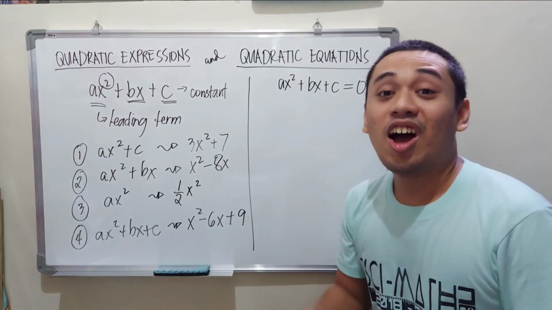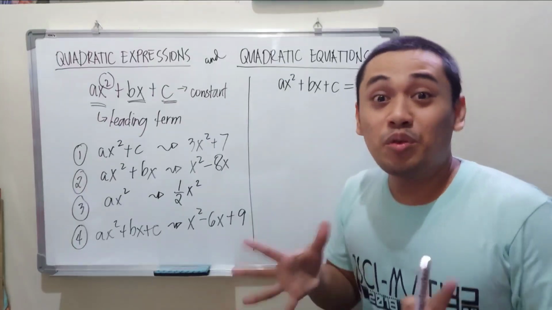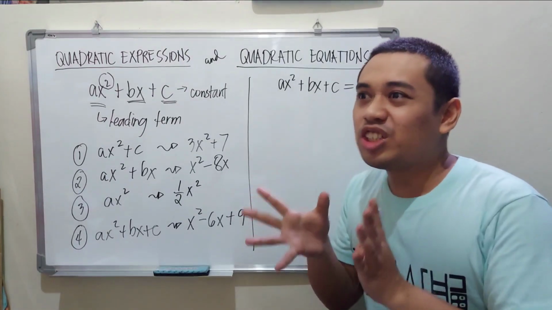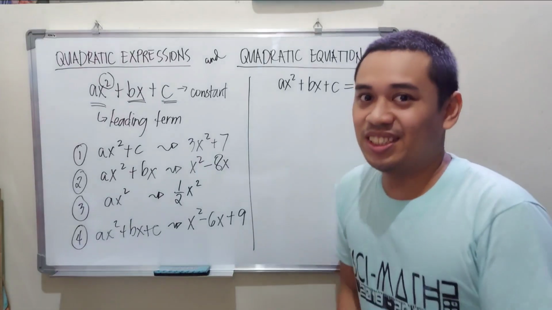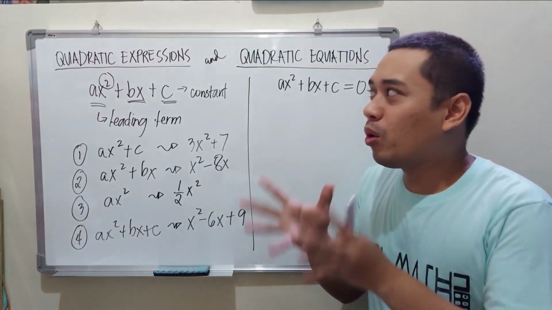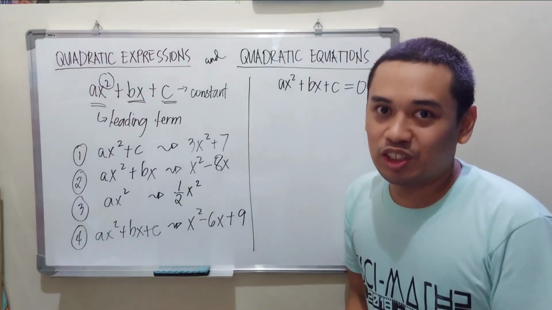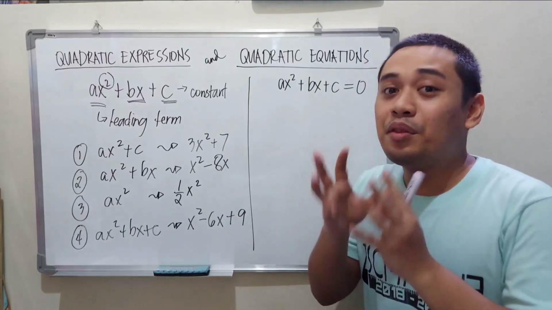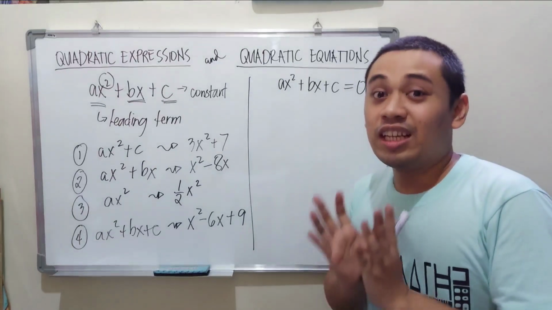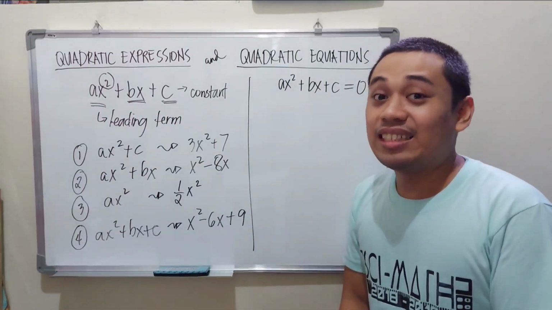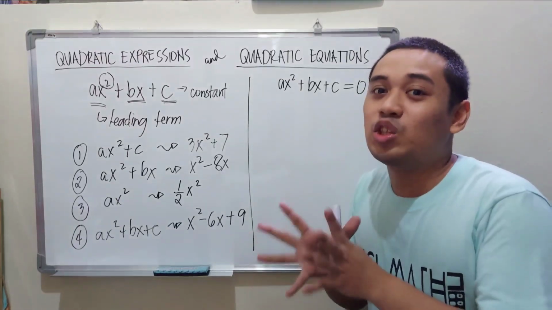Kuha? On the other side of the story, we have here the quadratic equations. Quadratic equations are equations in the second degree that holds the same condition with the quadratic expressions. It's such that these equations now contains equal sign and 0. It is equated to 0.